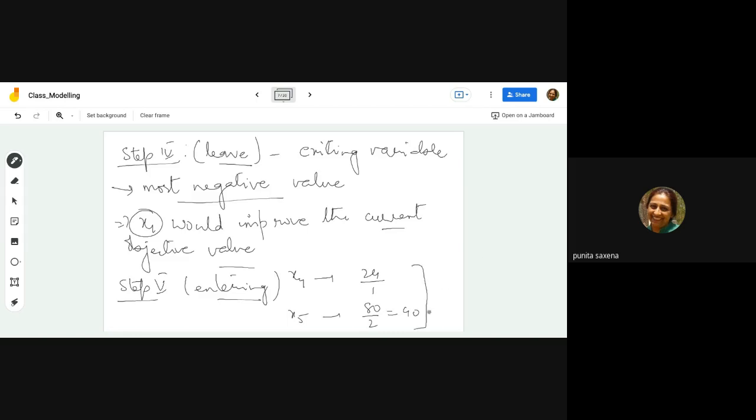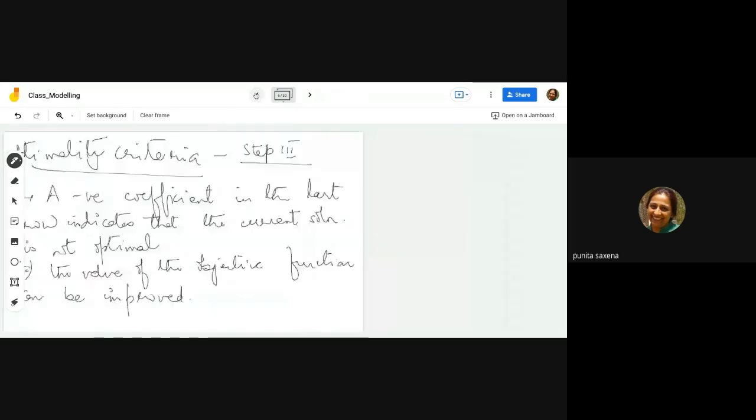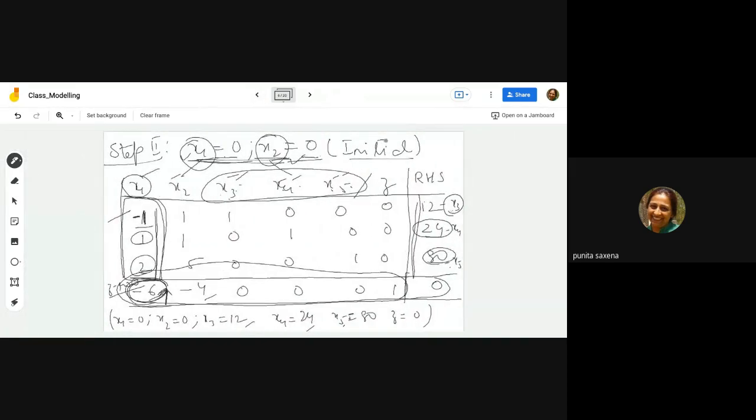Out of these ratios, we choose the minimum. This ratio is 24, and this ratio is 40. If there is space, you can write the ratios here along with it, so that you clearly know which is the minimum.